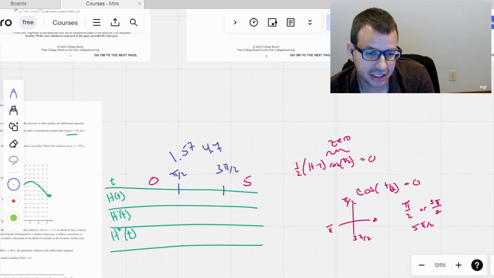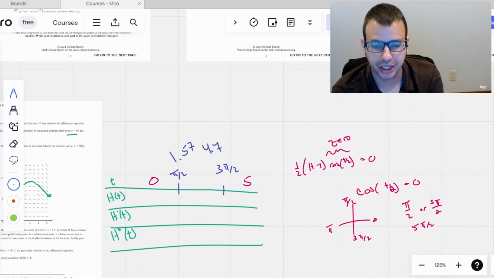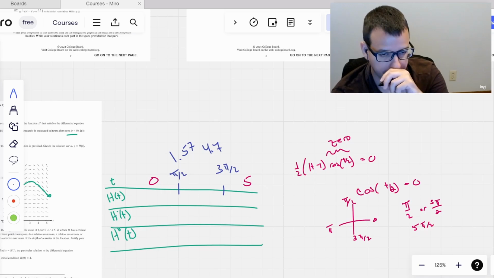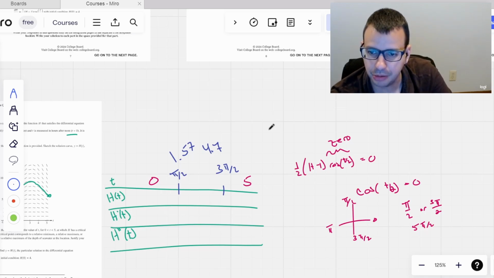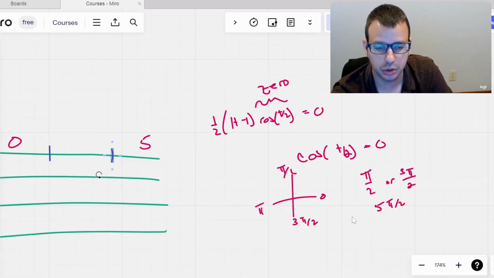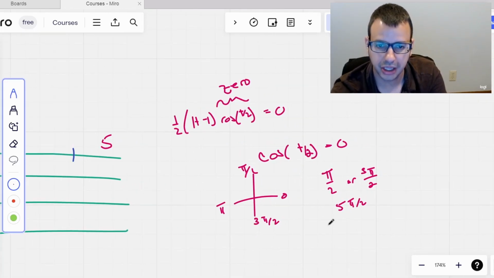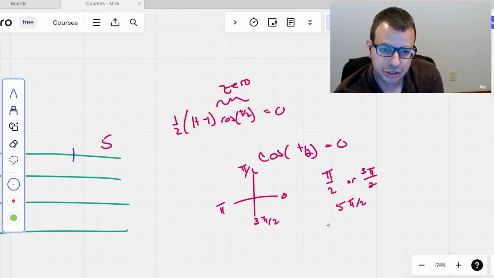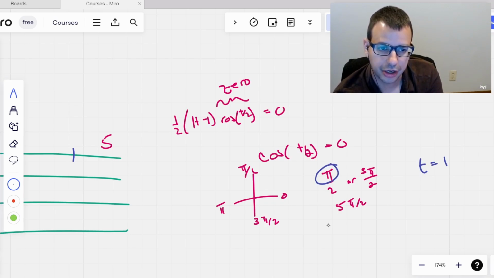And so the idea here is we're going to get cosine of t over 2. I think I went a little bit too quick on that. So this implies that t is going to equal 1, or t is going to equal 3.